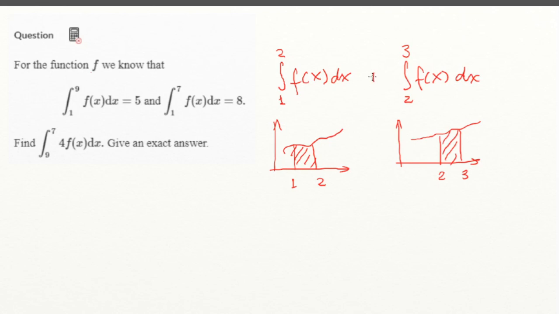So what would happen if we added those two? Well, if we think about the areas, it's safe to assume that we would have the area from 1 to 3. And how would we express this with a definite integral? Well, from 1 to 3 of f(x) dx.